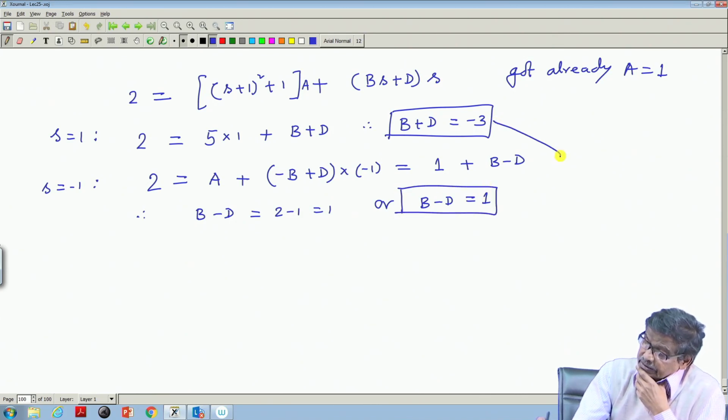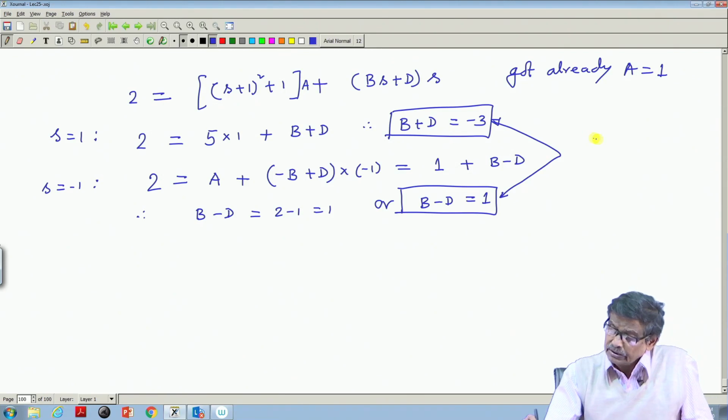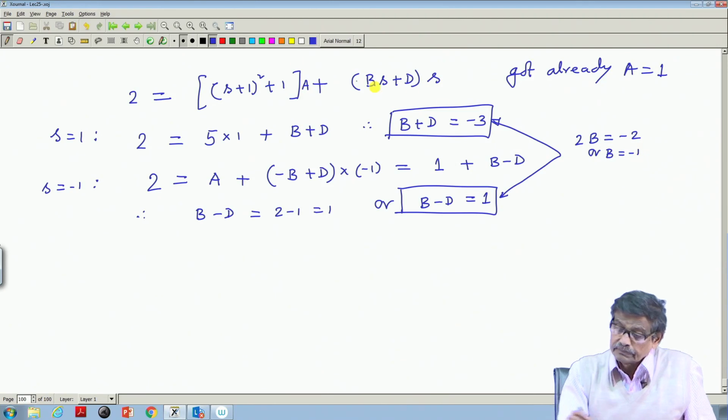Now, these two equations can be easily solved to obtain the value of B and D. Add these two, you will get 2B is equal to minus 2, or B is equal to minus 1.